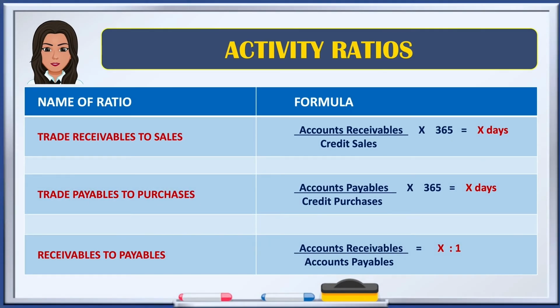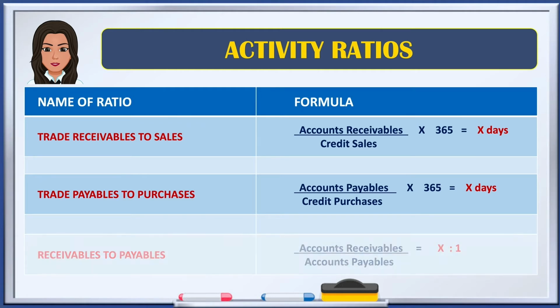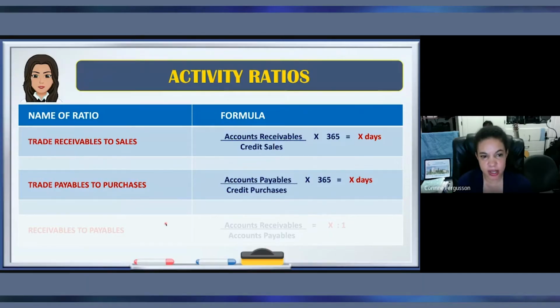So these are your three ratios. Very easy, but as I said, we don't see this last one in the syllabus, so our focus is going to be on these two. The formulas are in the name of the ratio. So trade receivables to sales, if they ask you for this, you just know it's receivables over credit sales, and because it's being expressed in days, it will be multiplied by 365, and whatever answer you get, you just add days.